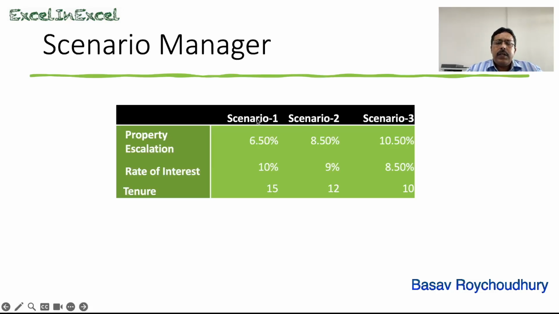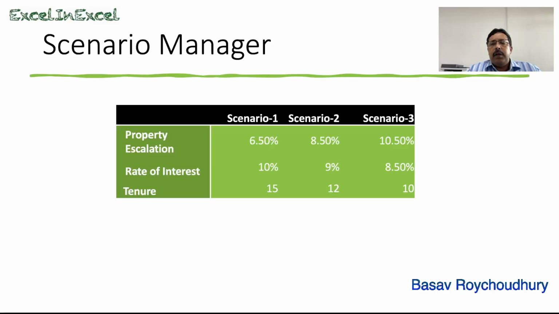Scenario 1 is a scenario in which I expect that the property escalation will happen at 6.5%. The rate of interest for the loan would be 10% and the tenure of the loan would be 15%. But then there can be another scenario which I can foresee, in which the property escalation can happen at 8.5%. The rate of interest can become 9% for the loan that I would take, and the tenure of the loan is this time curtailed to 12%.